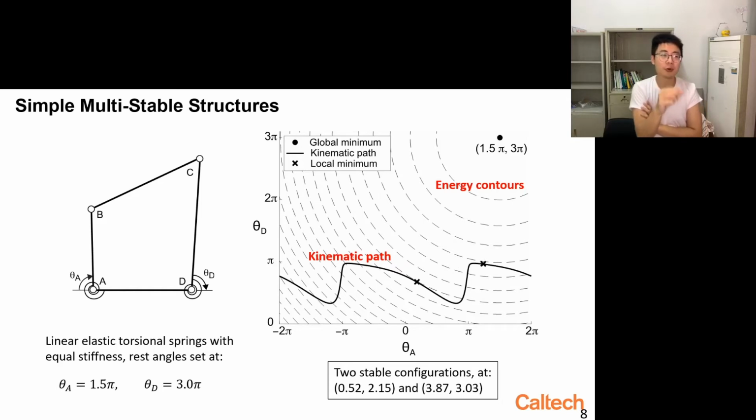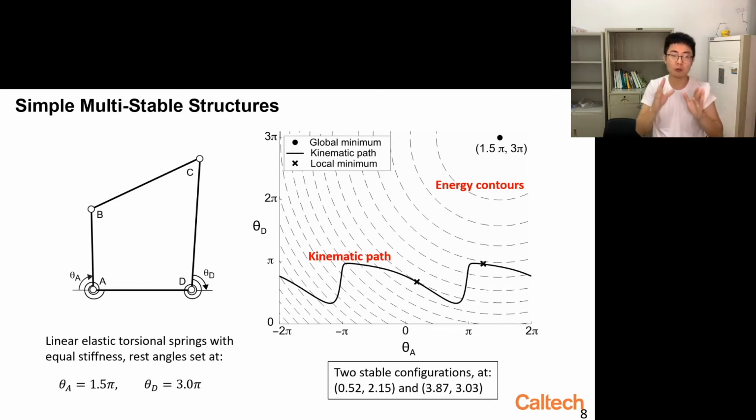Let me show you what I mean through a simple example. Here's the example: a simple 4-bar linkage with 1 degree of freedom, and there are 2 torsional springs. These two have equal stiffness, and the rest angles are at these 2 values respectively. We only use theta A and theta D to represent our kinematics and our energy.